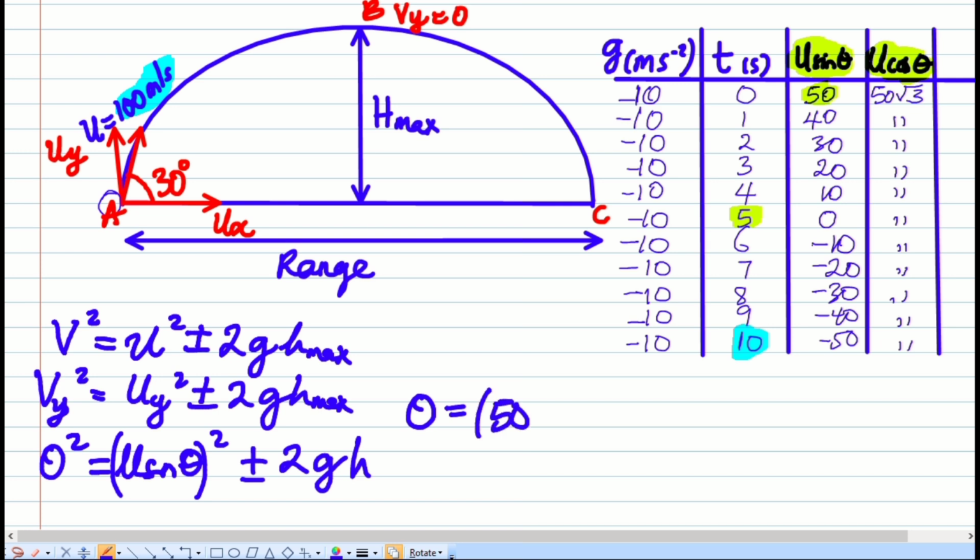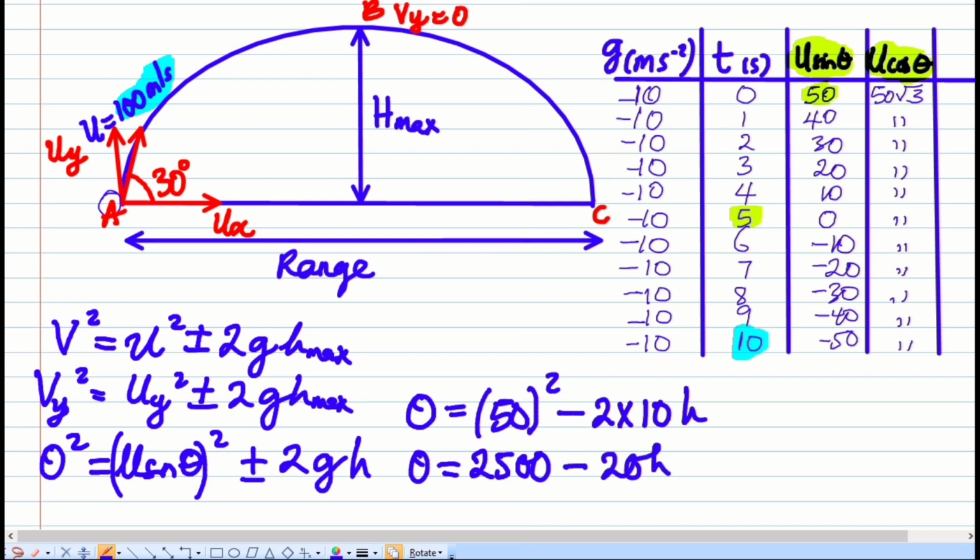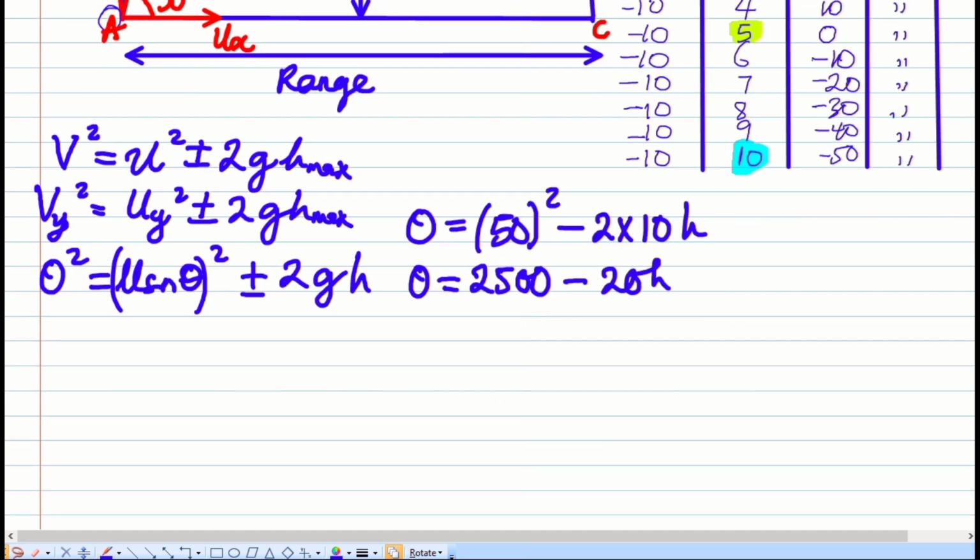We have 50 squared. Now we're going to use negative because the ball is going up against gravity. So it's going to be minus 2 times acceleration due to gravity, which is 10, then times the height. So we have 0 equal to 50 squared, which is 2500, minus 20h. So we just move the 2500 to the other side. It becomes negative 2500 is equal to negative 20h.